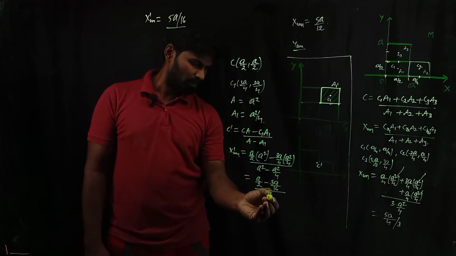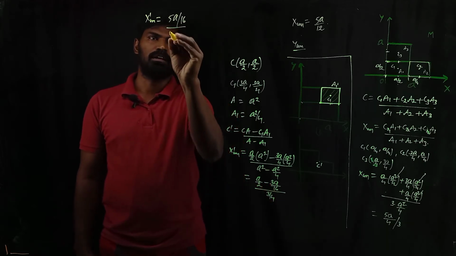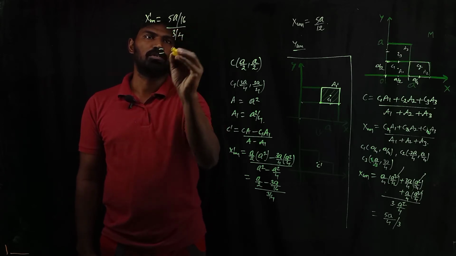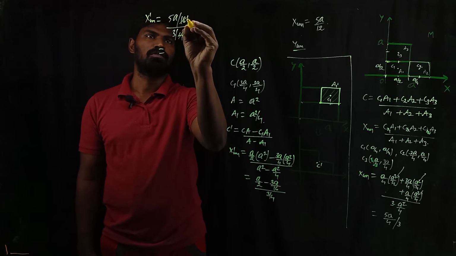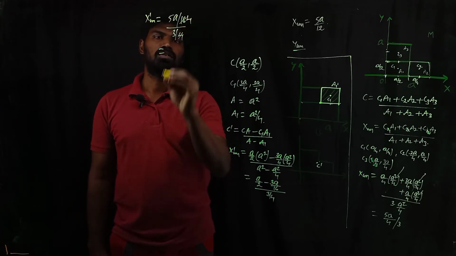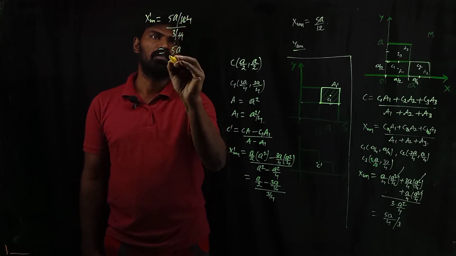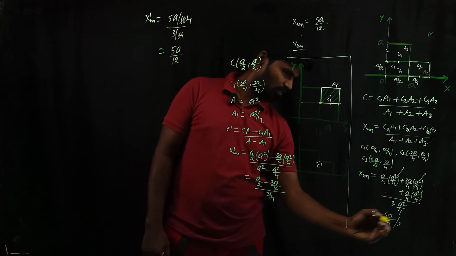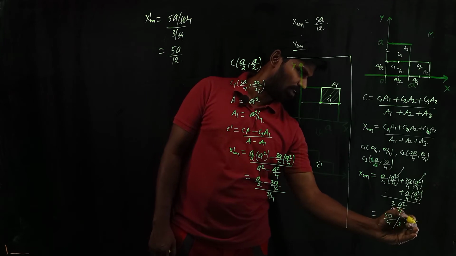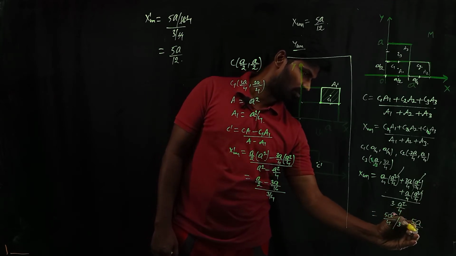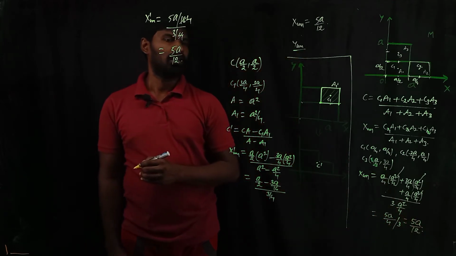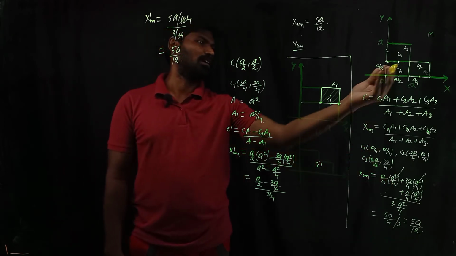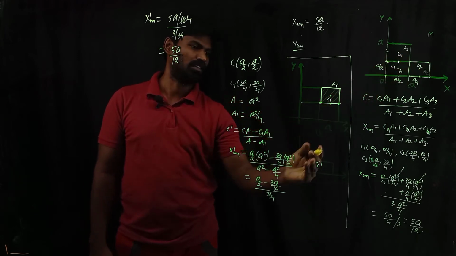If you calculate it, 4 ones are 4, 4 fours are 16, so 5a divided by 4 threes, which is 12. So this value is nothing but 5a divided by 12. So the x coordinate of the center of mass is 5a divided by 12. This is consistent with the earlier result because this configuration and that configuration are the same.